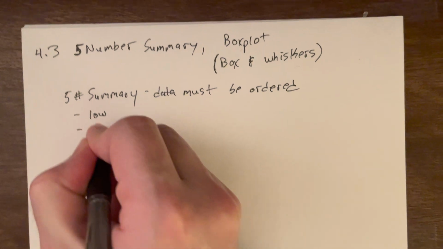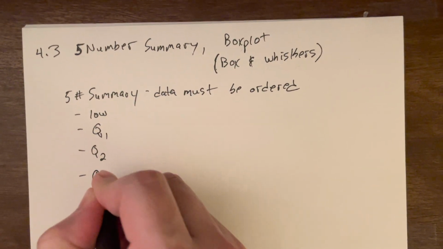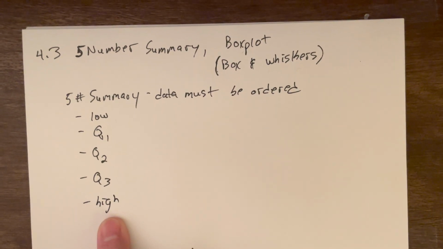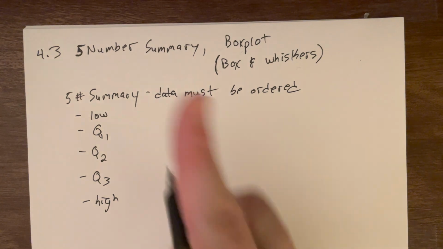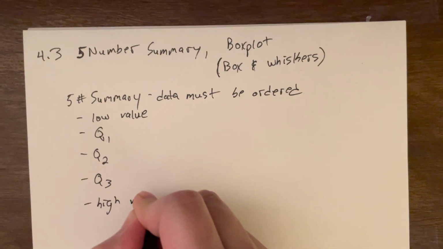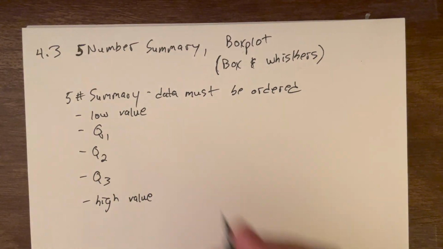The second, we're going to get these Q1, Q2, and Q3. And then last will be the high data value. Those are the 5 data values. The lowest value, the highest value, and then in between, these are what we call the quartiles.